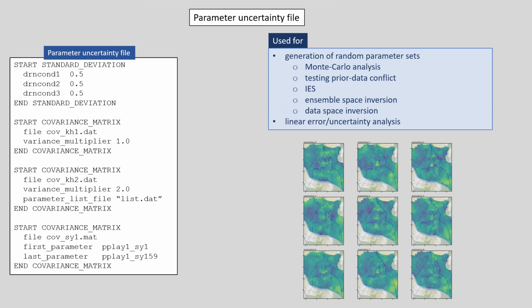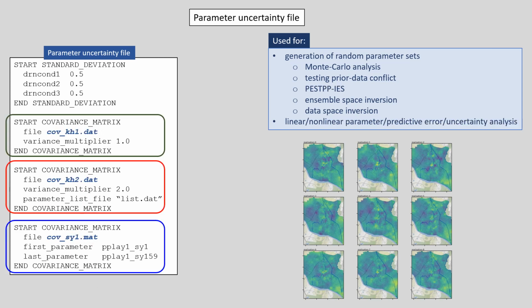Covariance matrix files feature prominently in parameter uncertainty files. A parameter uncertainty file has multiple blocks. Here's an example: standard deviation blocks, covariance matrix blocks, and each one of these covariance matrix blocks features the name of a covariance matrix file.